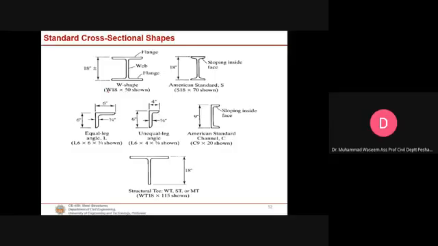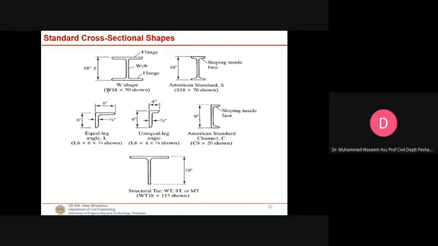The two sections have the same depth, but this section is heavier than that section. Now you have to choose cross sections for compression and tension members from these, and most of the time we use this section for columns and for beams.